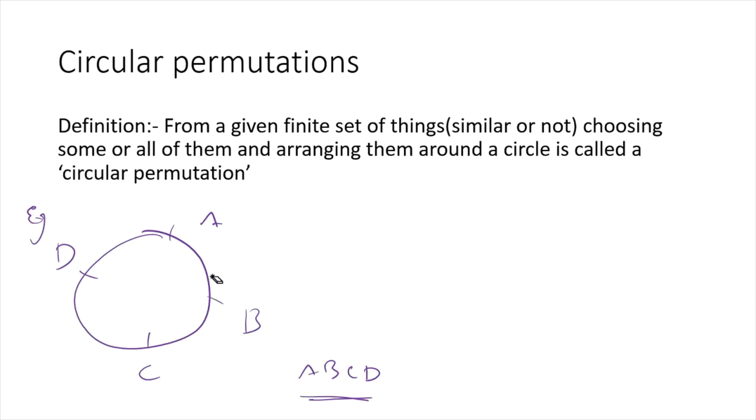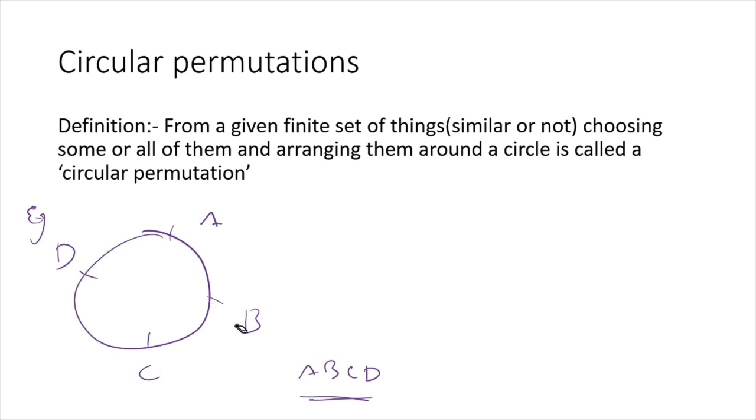So here in this linear permutation, I can say that B is in the second place. But here in this circular permutation, I cannot say that B is in the second place. So in a circular permutation, I can specify the position of an object with reference to another object.